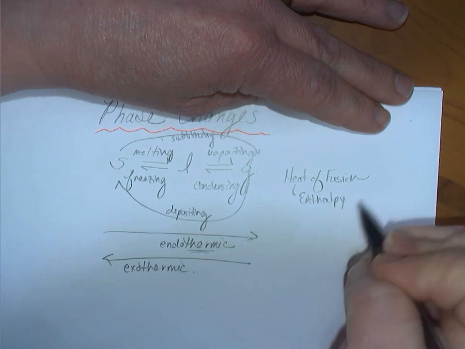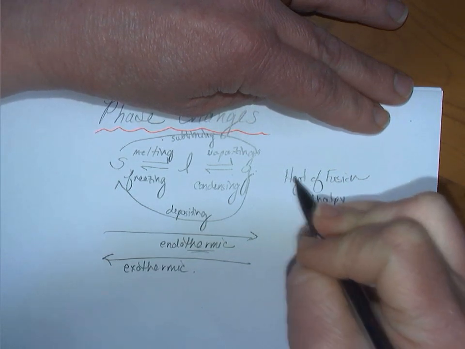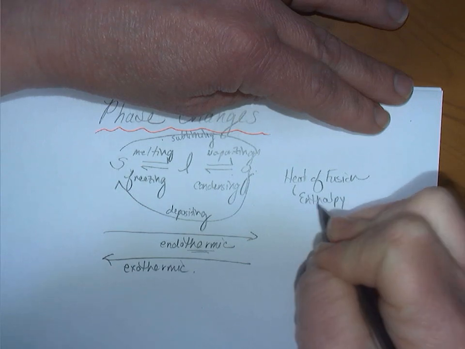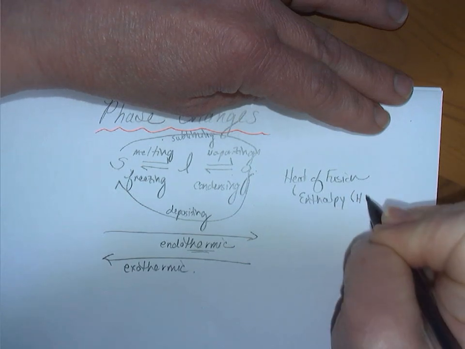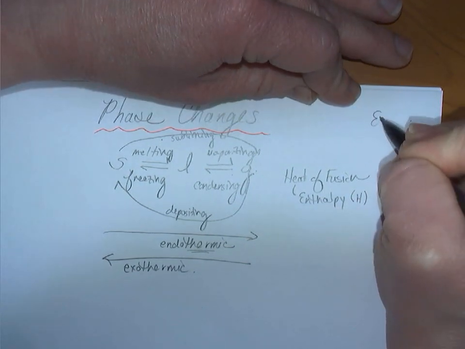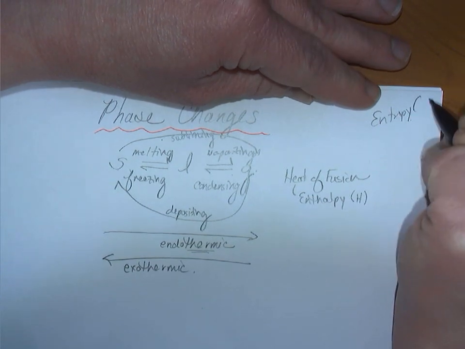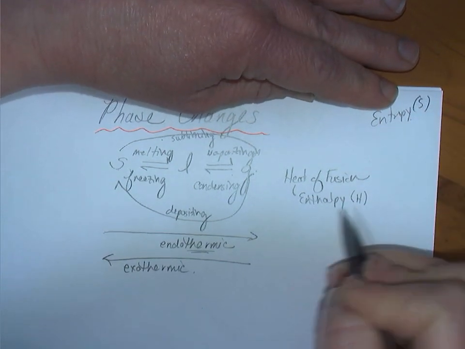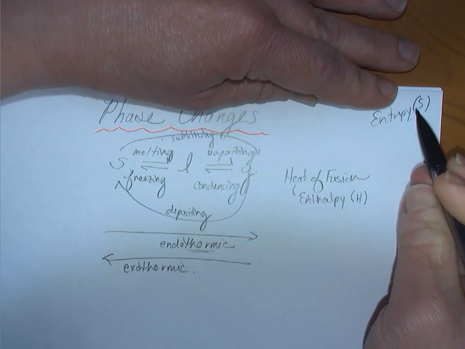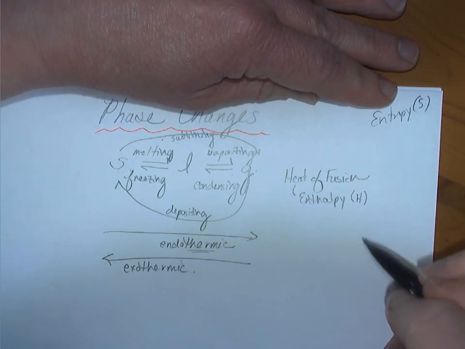That's just a fancy kind of word, but pretty much synonymous with heat. And enthalpy has the symbol of H. Remember, entropy, disorder, was capital S. This is talked a lot more about in second year chemistry.